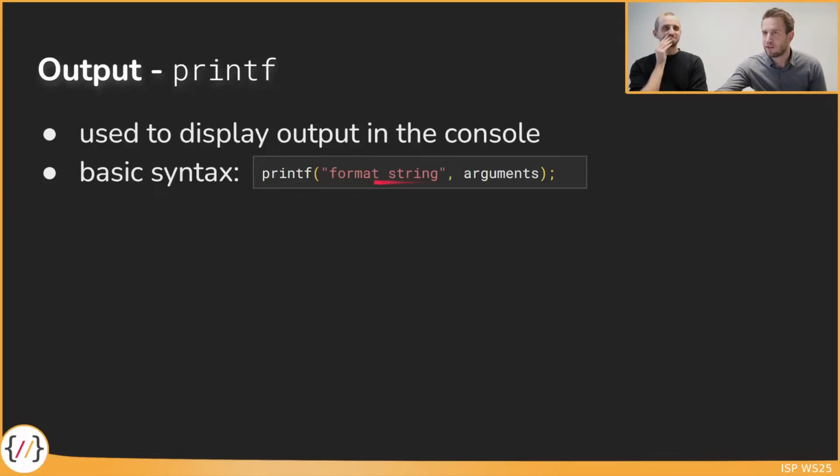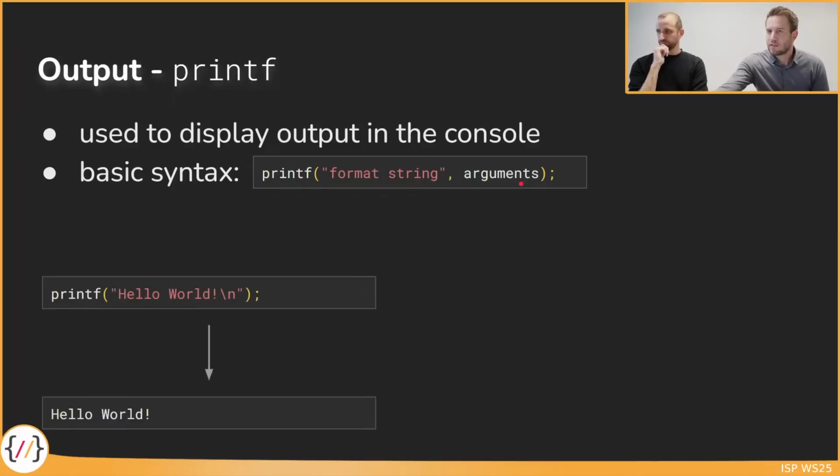We come to that, what it is in detail, and it could be followed by arguments. So for example, if we want to print out just a text, a string that is fixed, in this case hello world, without any parameters, without any values from variables and so on, we just can pass this string with these quotes to the printf function.